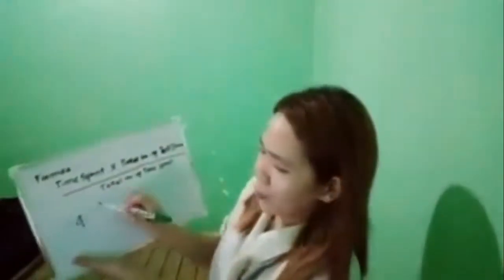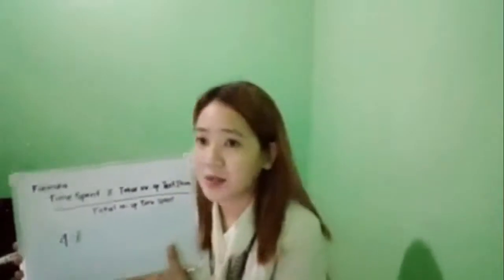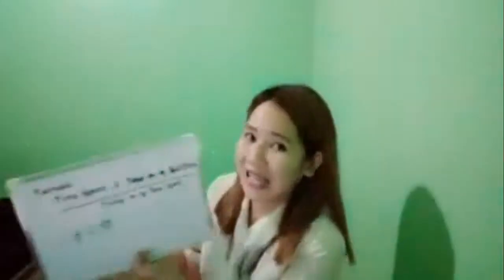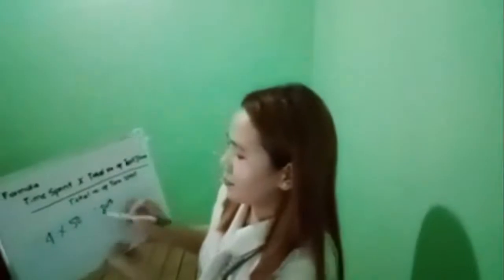So, sa first row, the time spent is 4 times the total number of test items, 50. 50 yung gusto kong ipa-exam sa mga students ko, kaya 50 ang total number of items. It depends. Pwedeng 30, 40, depende sa teacher. Okay? So, 4 times 50 is equals to 200.